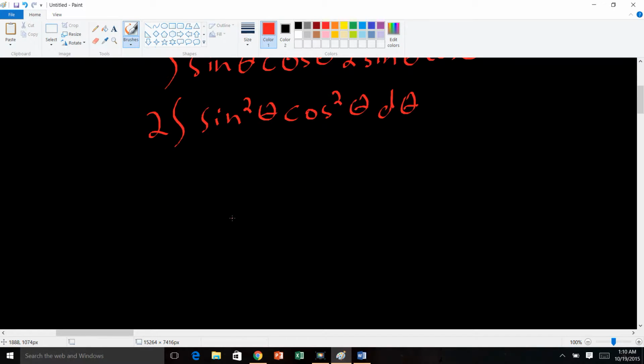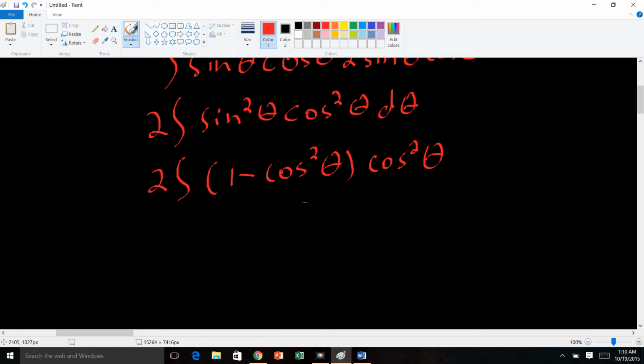And as you can probably see, this problem is going to be very long. The way I did it is I put everything in terms of cosine. So we have 2 times the integral of parentheses 1 minus cosine squared theta times cosine squared theta.